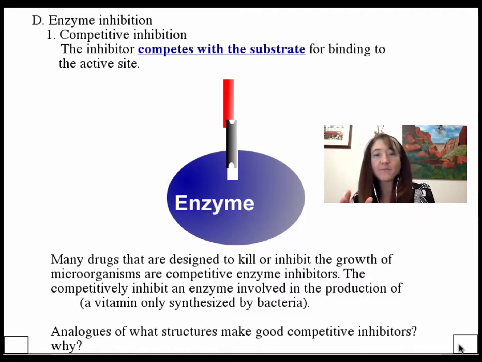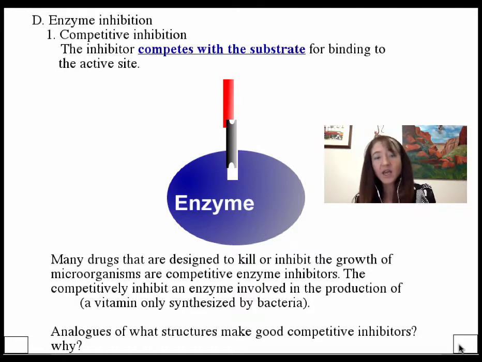Is it going to be based upon some sort of tug of war for that active site? What's going on? Well, there's actually two things. One is concentration. So if there's much more inhibitor in the environment, then it's going to win out more often. But also the other is affinity. So the enzyme will be more likely to bind to an inhibitor if it has overall a higher desire for that inhibitor.